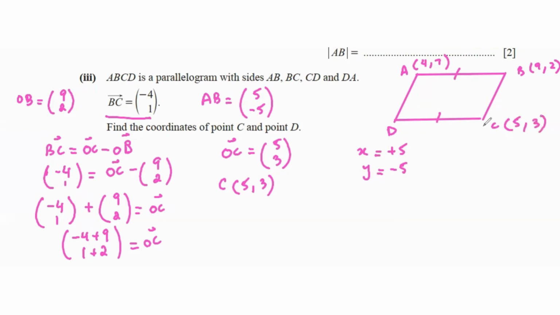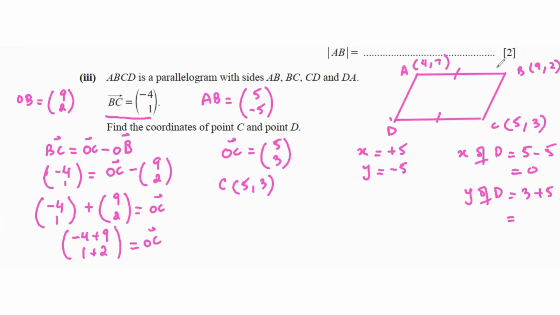So if we go from C to D, that means we're going backwards. So we will subtract 5 from it. So x of D would be 5 minus 5, which is 0. And then y of D would be 3 plus 5, which is 8.